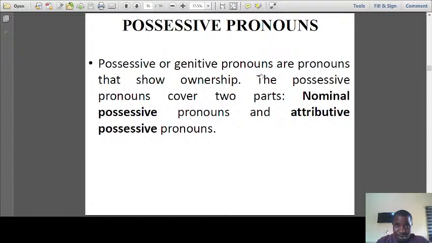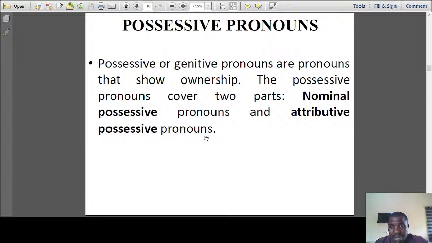With the apostrophe s in noun, the apostrophe s shows ownership. But in terms of pronoun, it is only the one that ends in body that will attract apostrophe s. Others will not. Now, within the possessive pronouns, we classify it into two: nominal possessive pronouns and attributive possessive pronouns.